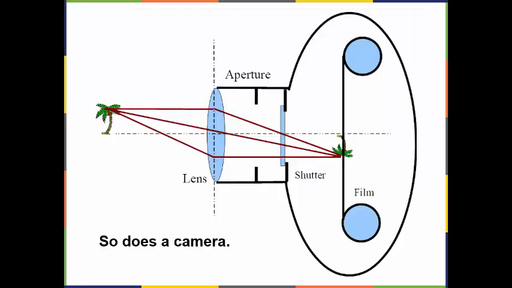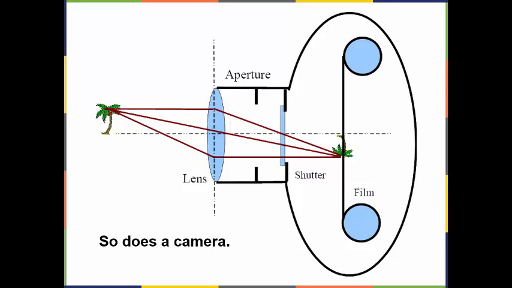Cameras work the same way. They have a converging lens, and they have an aperture which defines how much light you let into the film. Once again, the converging lens of a camera produces a smaller inverted or upside down image on the film or on the CCD, the charge coupled device, which is used, for instance, in your phone.